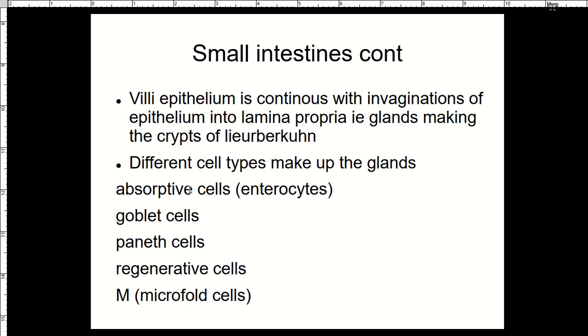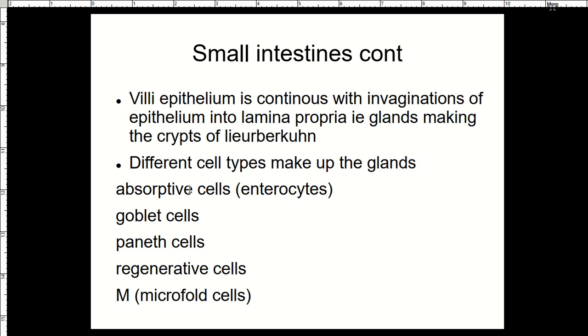Paneth cells are located at the basal portion of the crypts of Lieberkühn, and they secrete what you call defensins, right? So these are substances that protect the small intestines.